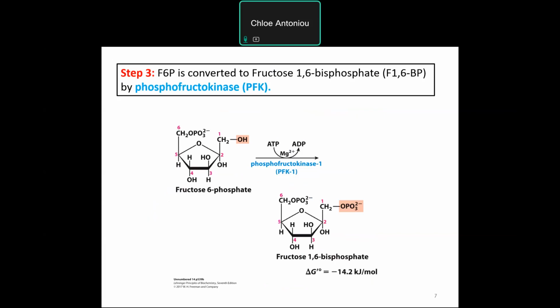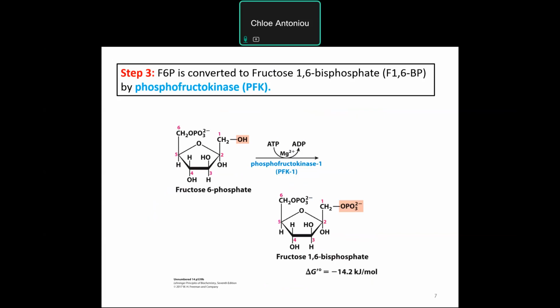Anybody knows why I'm asking you to remember it, perhaps? From previous knowledge? It's the master regulator of glycolysis, and we'll discuss this in a bit. So this is going to be a very important enzyme. You need to remember that phosphofructokinase catalyzes the conversion of F6P, fructose 6-phosphate, to fructose 1,6-BP, fructose 1,6-bisphosphate.